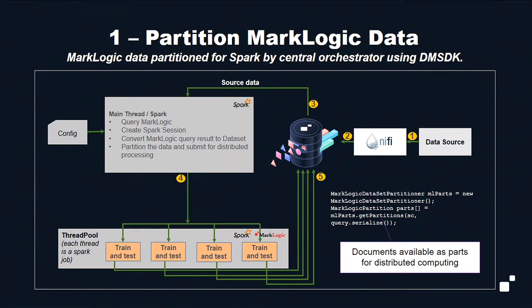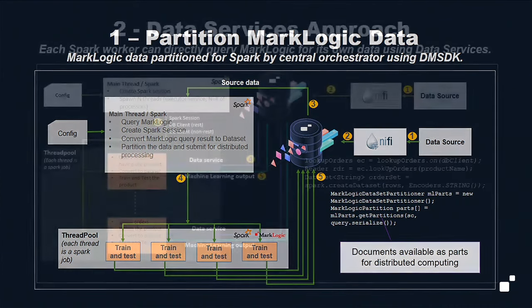Now, this scales at the training and test level, but it doesn't scale at this level because you really have one sort of master controller over here. What's also nice is that even here, we didn't use the standard REST API where we were getting small pieces of data, because you don't want small pieces of data, you want large chunks of data. We used the data movement SDK, which is meant to move large amounts of data in parallel into a controller, right? So even there, we were able to get parallelism, but it is sort of a central control system.